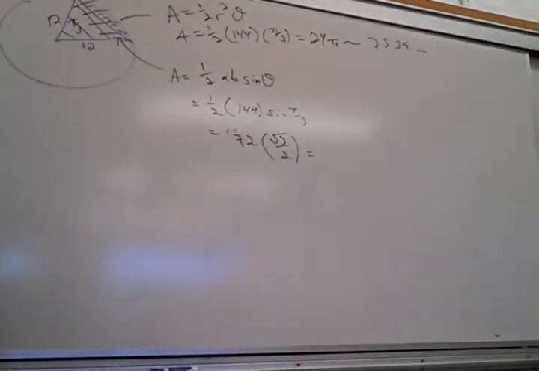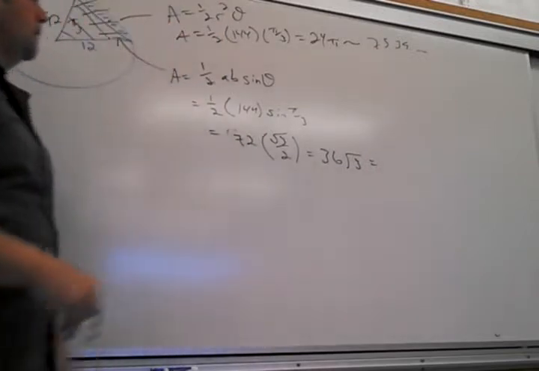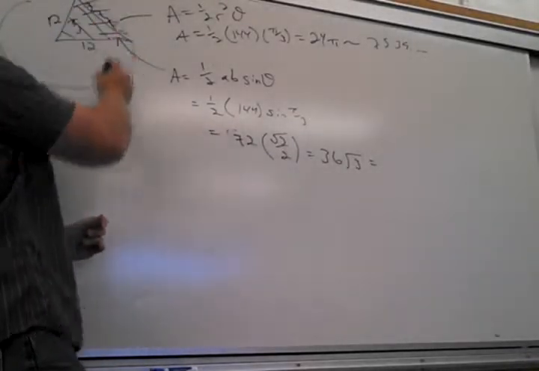So it's 36 root 3, whatever that is. Okay, good. It's less, thank God. If we would have gotten more, that would have been a problem. The triangle should have less area than the sector does, because the sector has this little extra piece there.